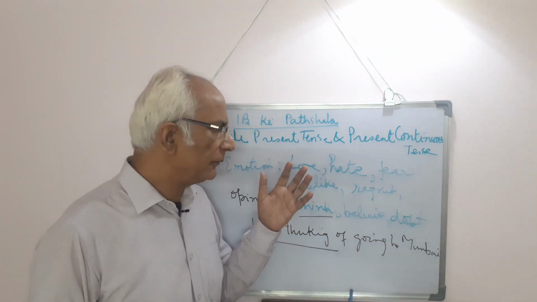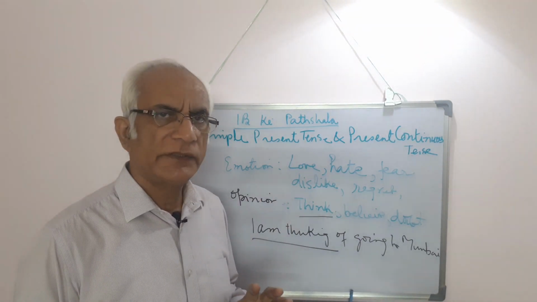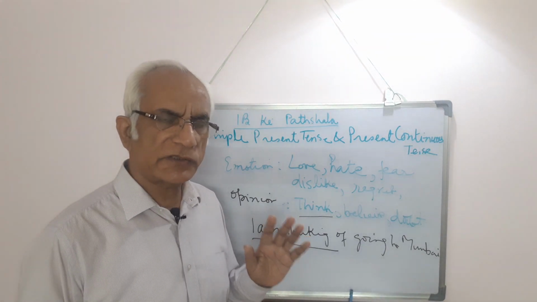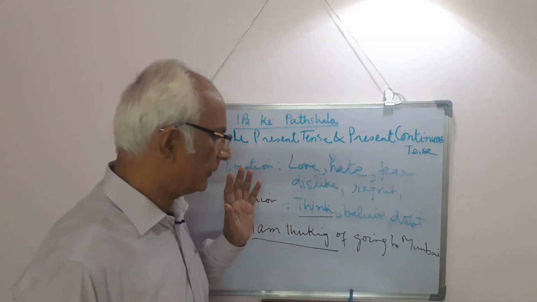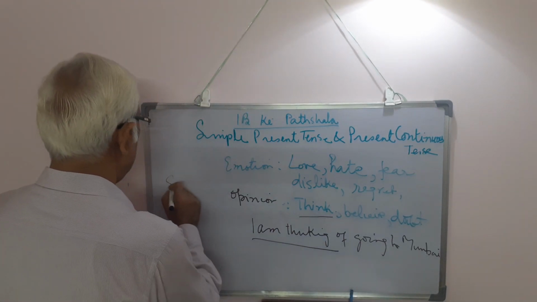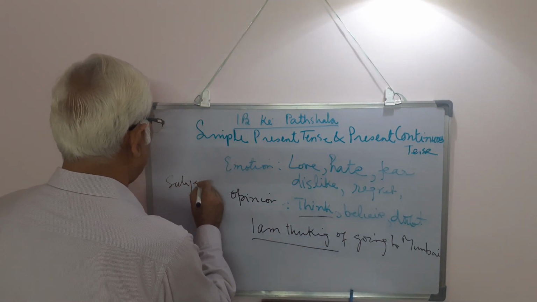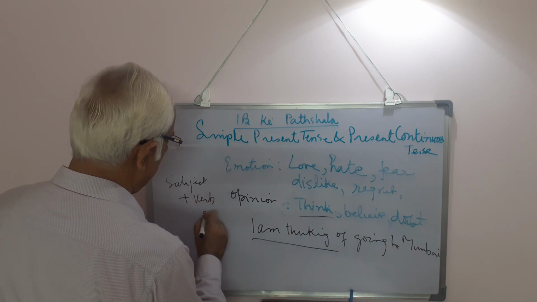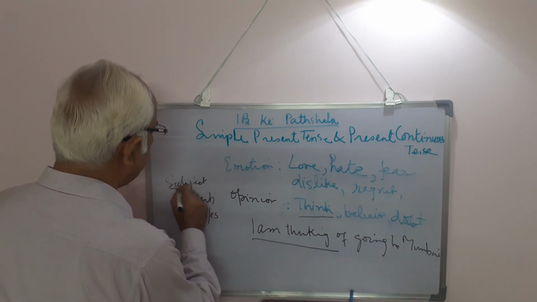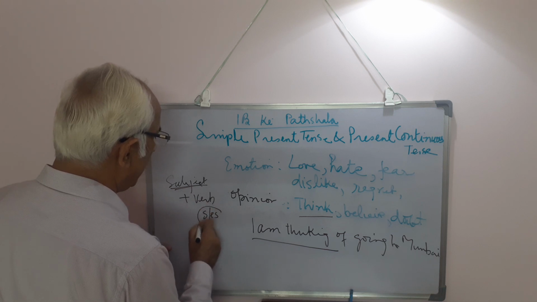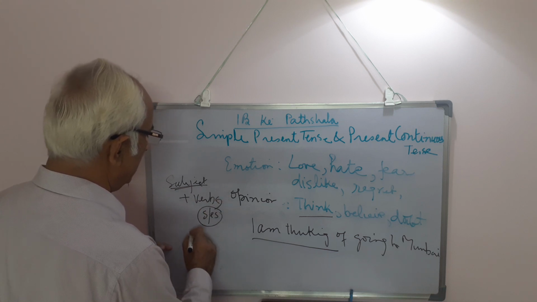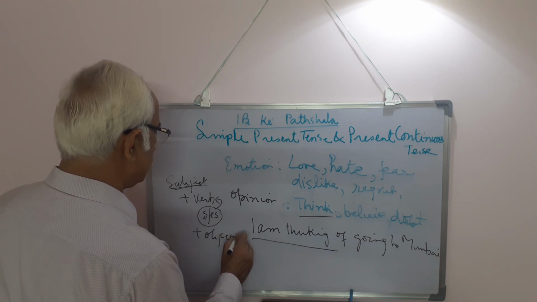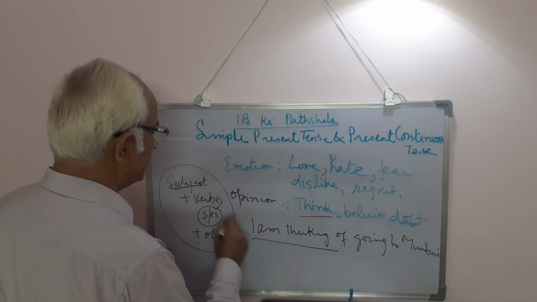So all these verbs are generally used in the simple present tense. That means the sentence construction will be subject plus verb. And if the subject is third person singular, you will have to add s or es to the verb and then object. So this is the sentence construction for simple present tense.